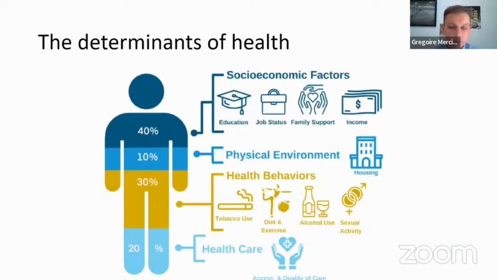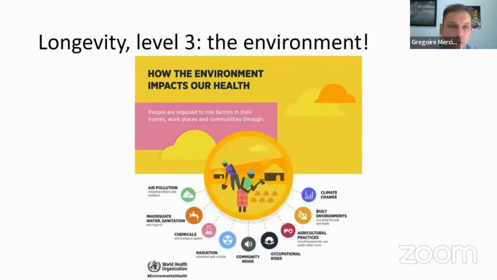And so let's now move to the core of my presentation, which is going to be about the effect of physical environment on longevity, and to what extent we can implement specific actions and specific interventions to improve that physical environment and to alleviate its burden on health.